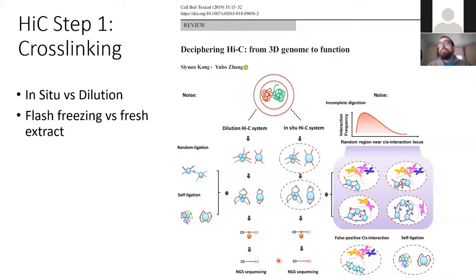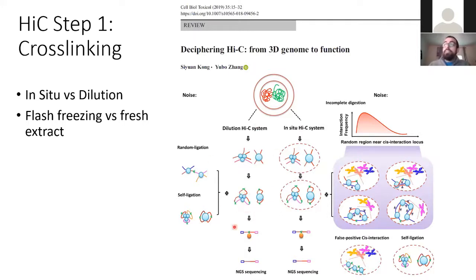So the first step is to cross-link. So you cross-link with formaldehyde to attach the DNA that is close together, and then you isolate your nuclei if you want to do it in situ. In other protocols, they do it in what we call a dilution Hi-C, where they don't isolate the nuclei, they simply extract the cross-linked DNA and they use the enzymes on it, then cut it and attach it.